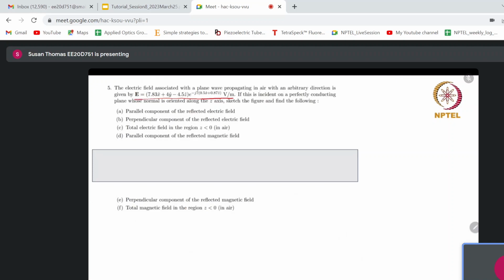Electric field is given. It is mentioned that this field is associated with a plane wave propagating in air in a particular arbitrary direction. You see the direction has an x component, y component and z component. So it is very clear that it has an arbitrary direction.